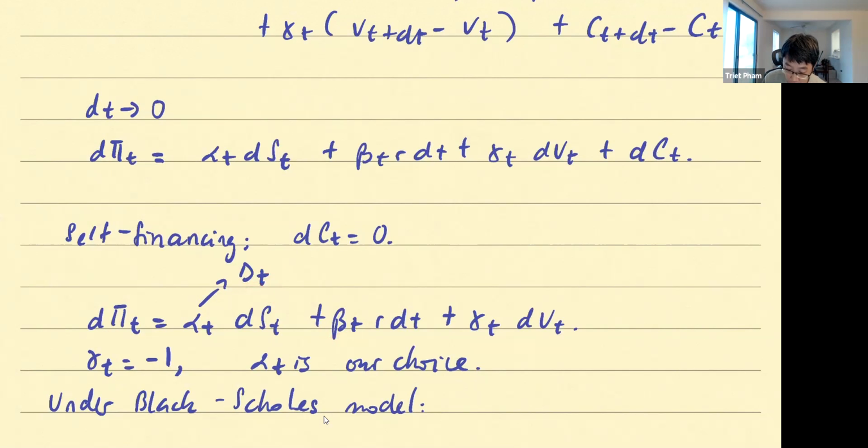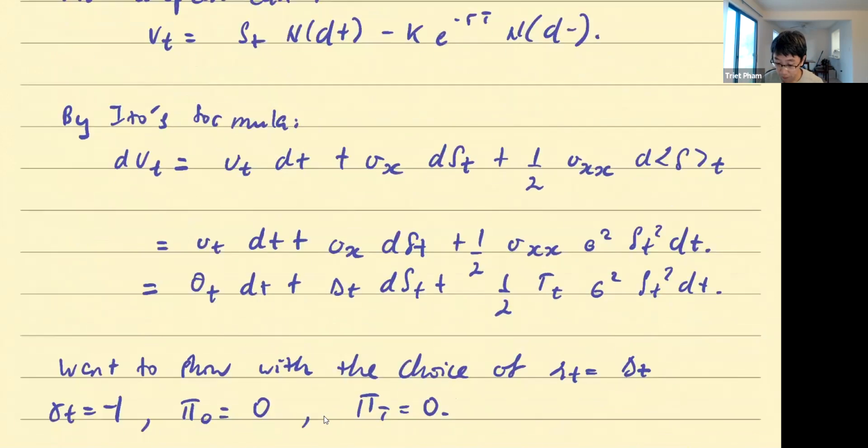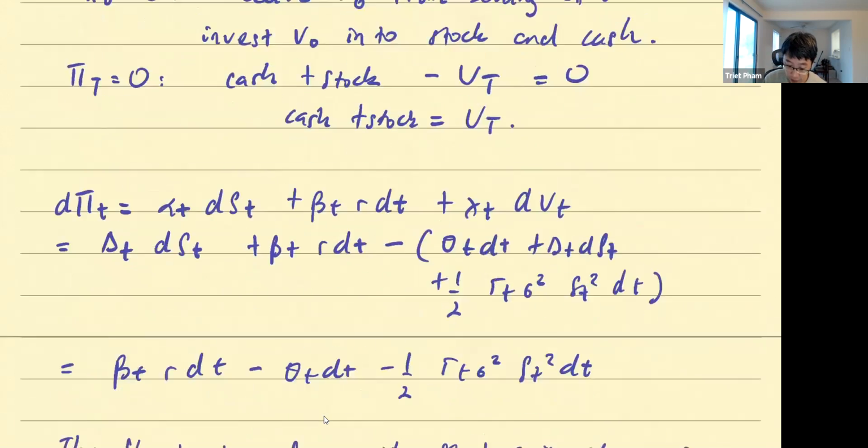If you do it right, in other words, if you choose exactly this amount of stock to hold at any time, then your portfolio is nothing but a fancy saving account. By fancy, I mean you do a lot of action, but the net result, as we show, is no different from a saving account.